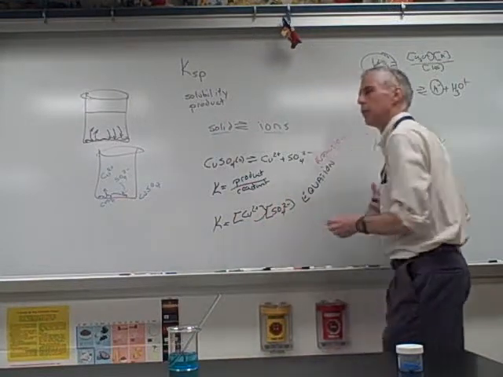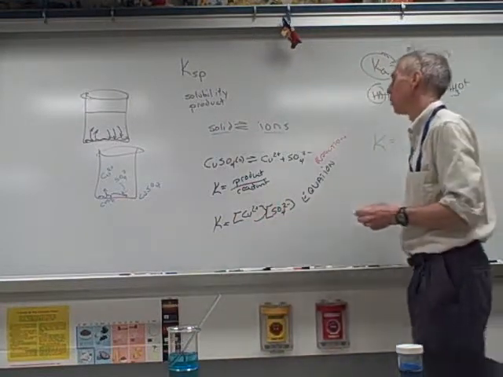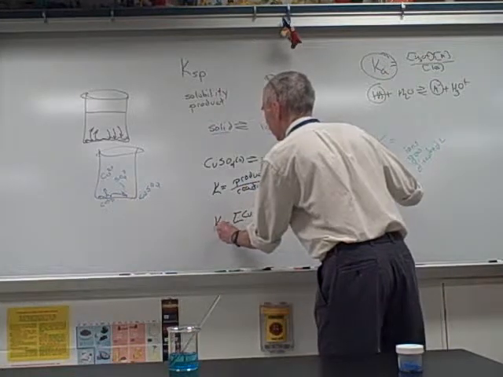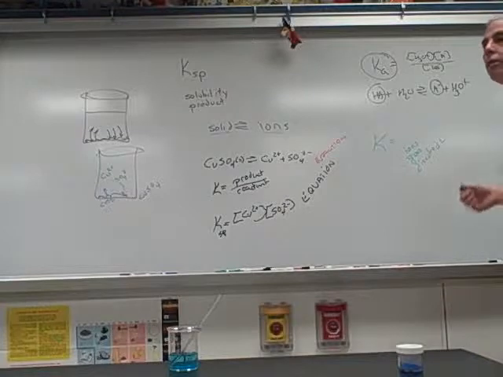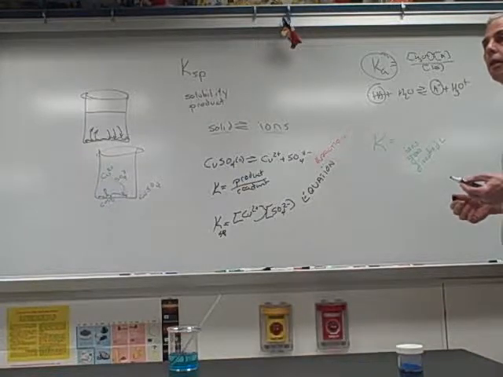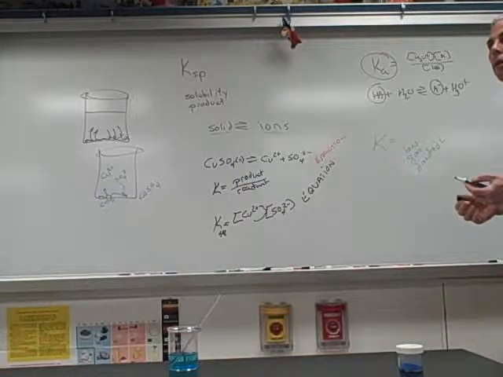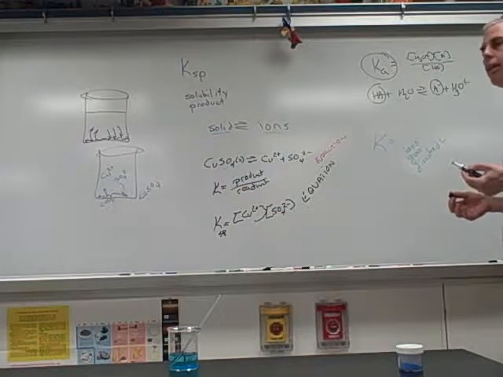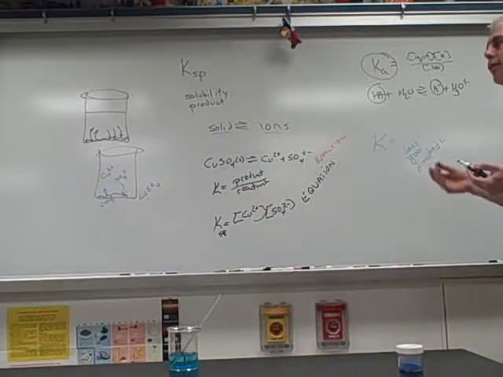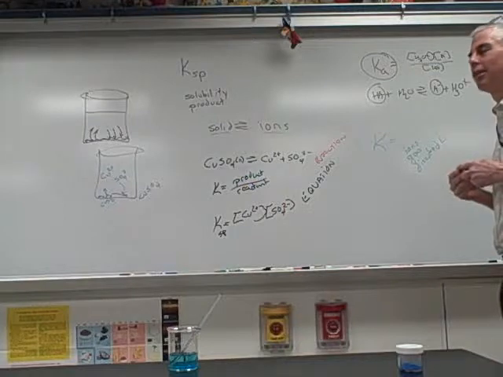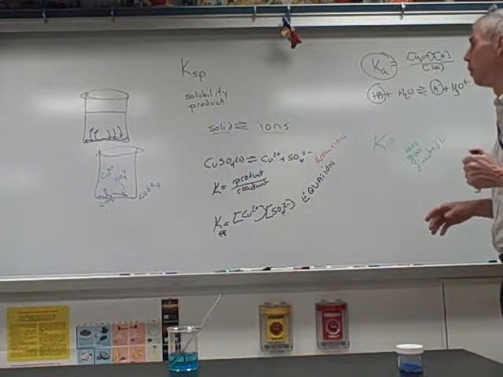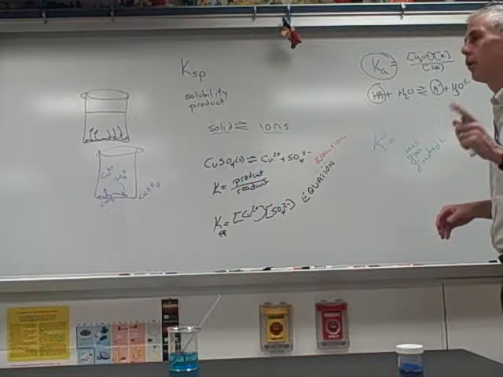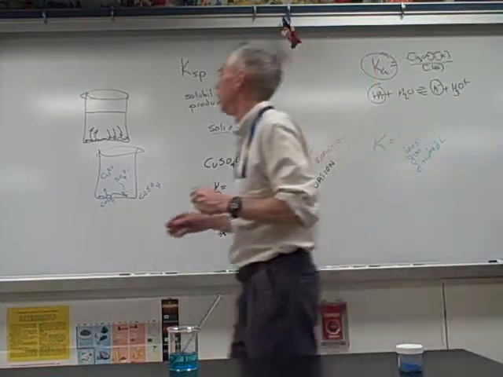Anything on the bottom? No. Nope. Because it's a solid. There it is. That's the Ksp expression. That's all there is to it. That's it. All right? They gave you almost a whole chapter on this. Now watch. It gets a little weirder, but not much.